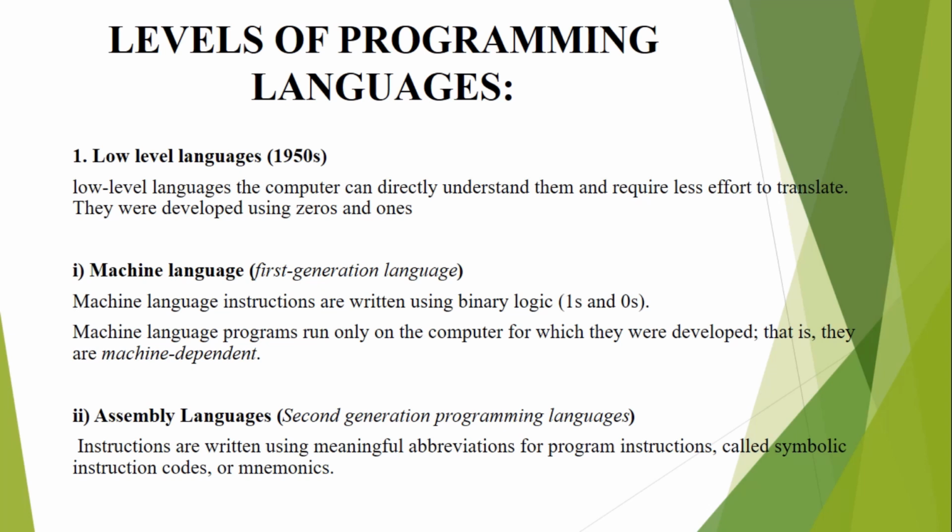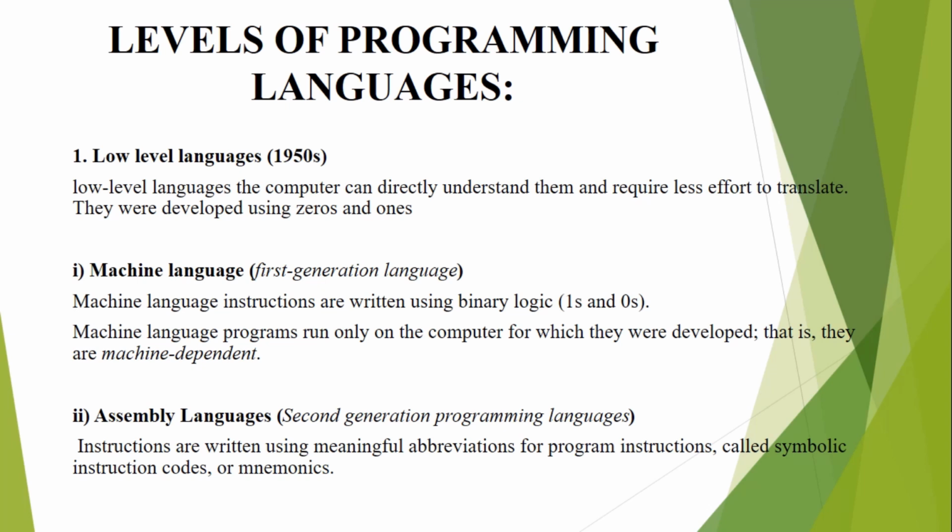Remember, a computer works with binary digits, which are zeros and ones. In this case the first low-level programming language, or the first generation, is what we call the machine language.